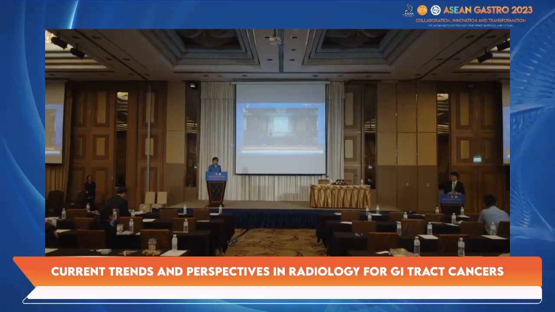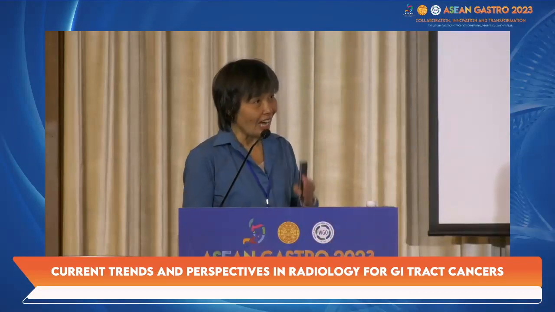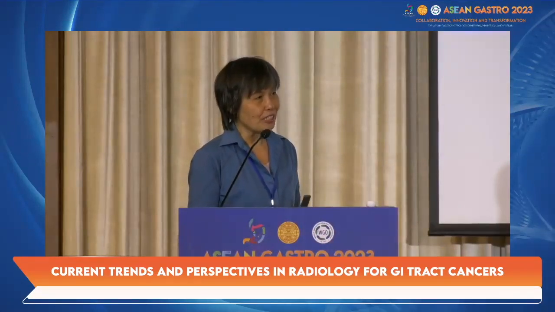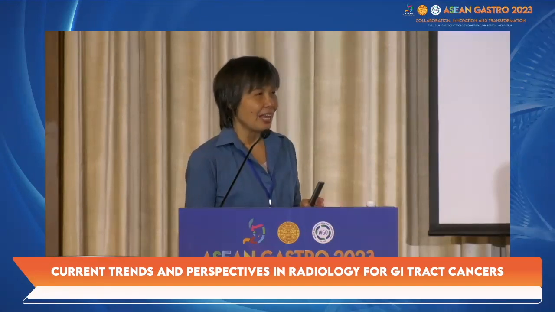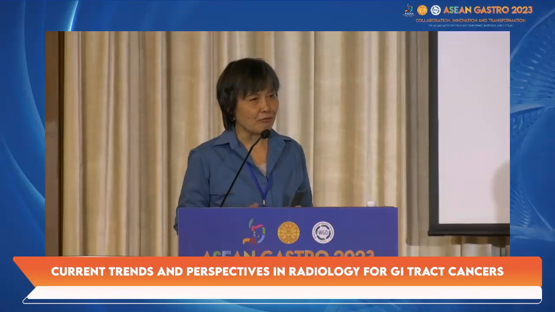Actually, we can detect small lesions like 3 millimeters, but it's not very specific. So the cutoff for us is 5 millimeters. So we will report on CT colonography if we see a 5 millimeter lesion. If it's less than that, there is a chance of false positive.